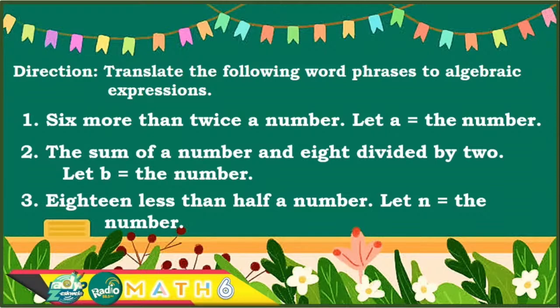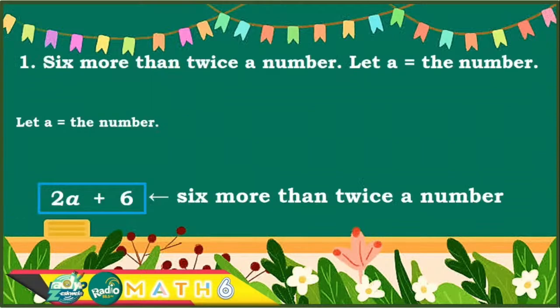Time's up! Now, let's check your work. For item number 1, translate to algebraic expression: 6 more than a number. Take note that in the word phrase, 6 more than a number, it has the keyword more than, which denotes that the operation we will use is addition.